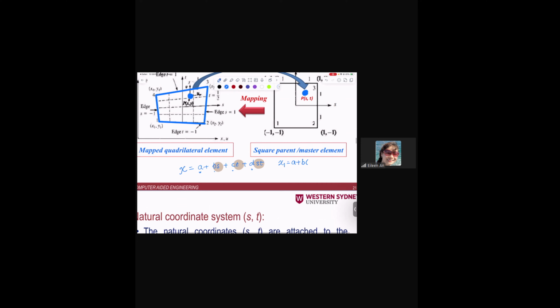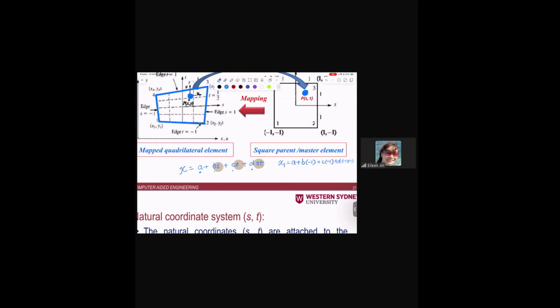So, to calculate A, B, C, D, we definitely know that x1 equals A, the constant, plus B, constant, times s, the coordinate in the st coordinate system, so -1, plus C times t, which is -1, plus D times -1 times -1.